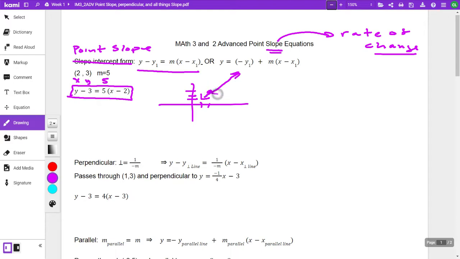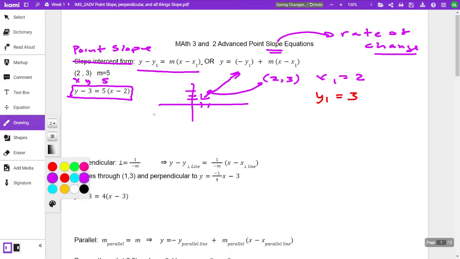Well, from this point right here, which is (2, 3), I can say my x1 is equal to 2, because that's this guy right here. And then I can say my y2 is y2. Let me go backwards. It's y1. I don't have y2. y1 is equal to 3.